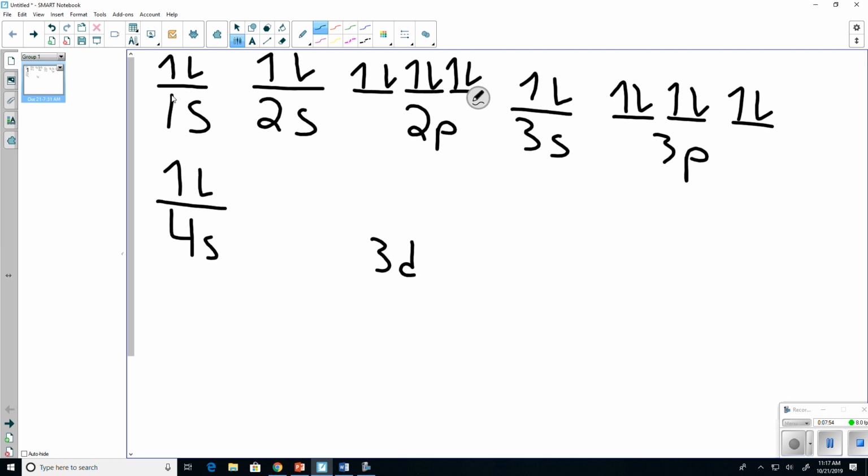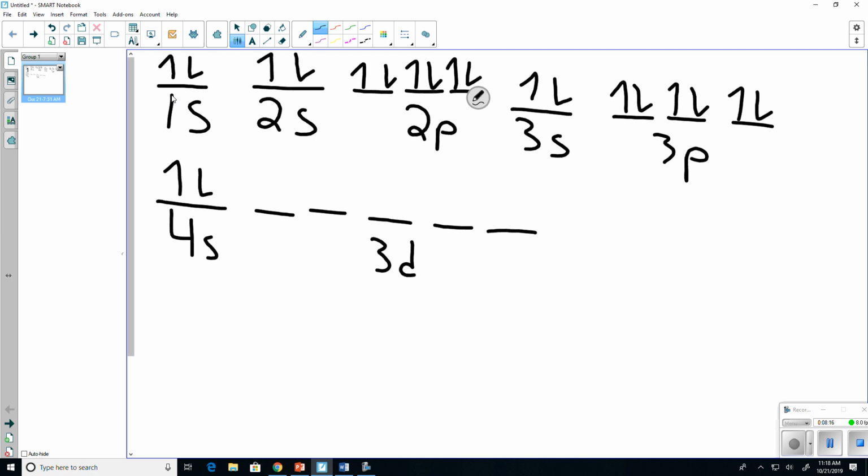I need to show all 5 suborbitals: 1, 2, 3, 4, 5. Then I count. What element is nickel in the D? 1, 2, 3, 4, 5, 6, 7, 8.